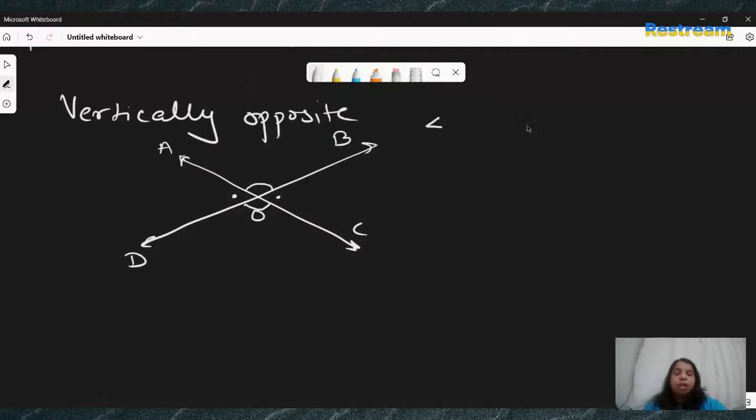So what they mean is angle AOB is equal to angle COD. See, here they are visually like vertically opposite. They are straight and they are opposite to each other, like mirror image of each other.